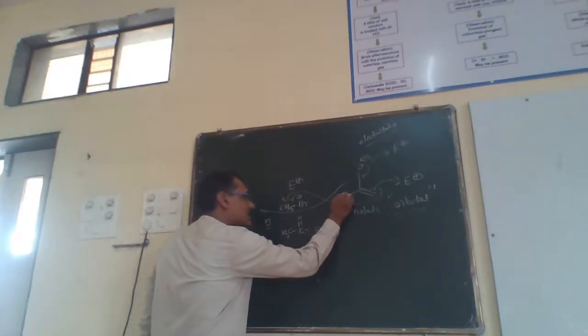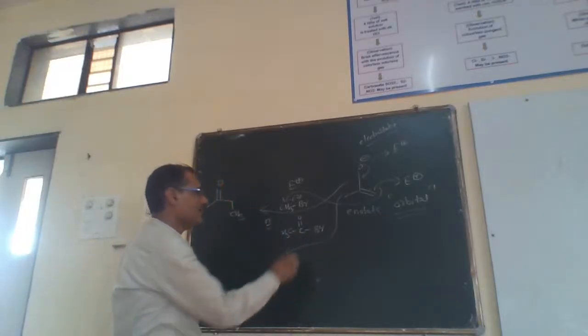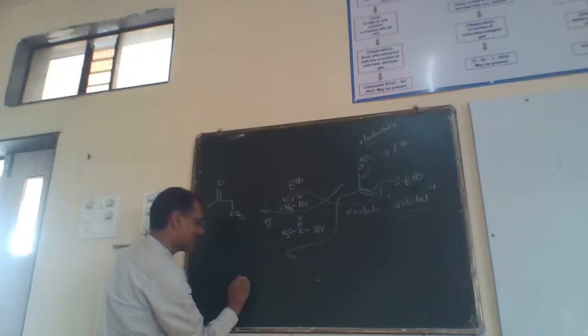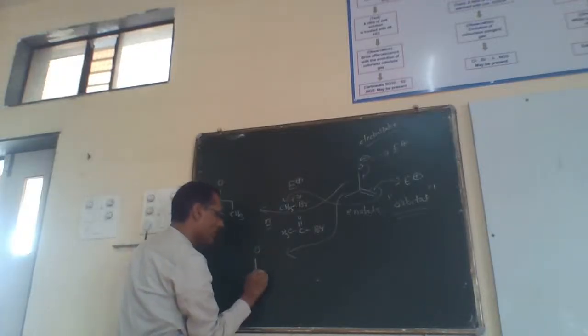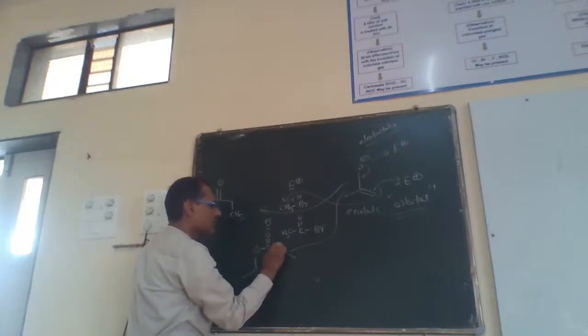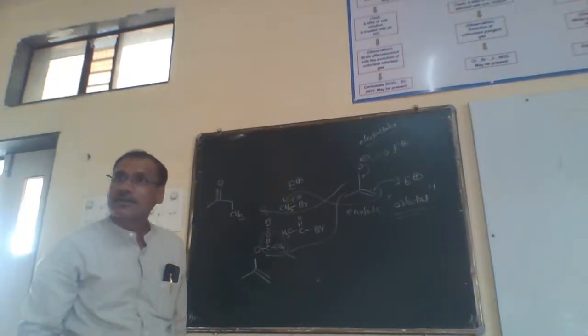When you treat the same enolate with this, now this goes to oxygen, and what is the product? O double bond CO CH2. This is the electrophile that we have got.